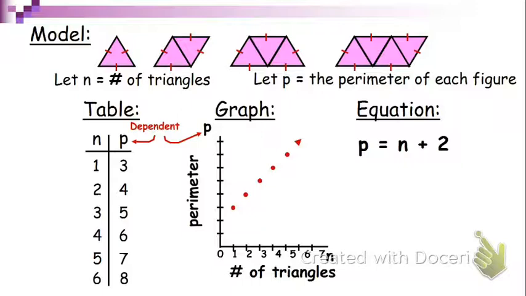So whatever the number of triangles is, we're adding 2 to it to give us the perimeter. So our P is like our y, the n is like our x, and that's then our function. Our equation is our function. P is the dependent variable, n is the independent.